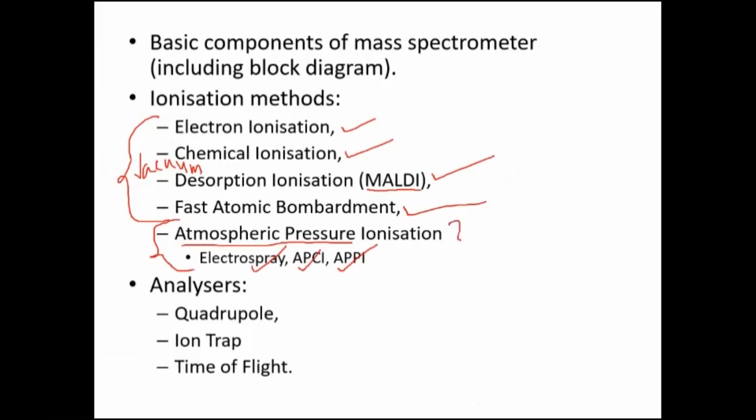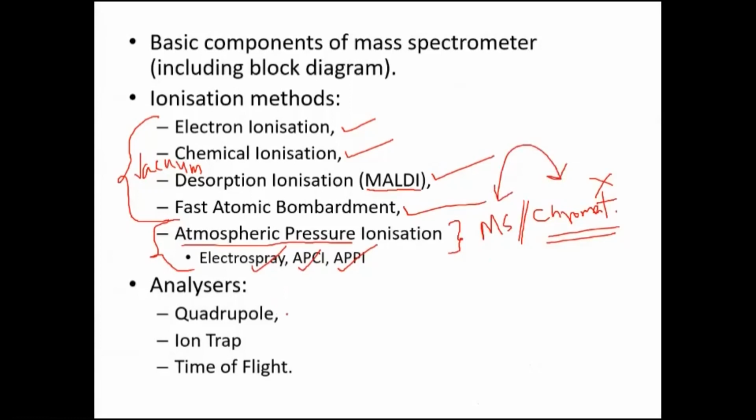If you are using these techniques, you can couple mass spectrometry with your chromatographic technique, that is your hyphenated technique, because in chromatography the eluent coming out of the column does not have any pressure. So you can couple a mass spectrometer with chromatography. So that was regarding ionization methods.